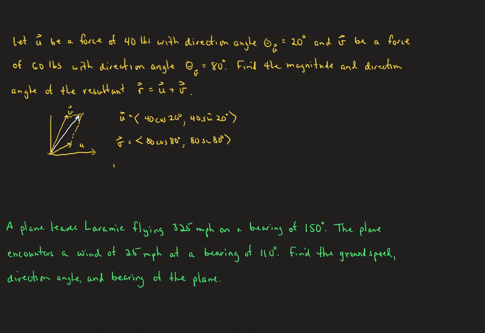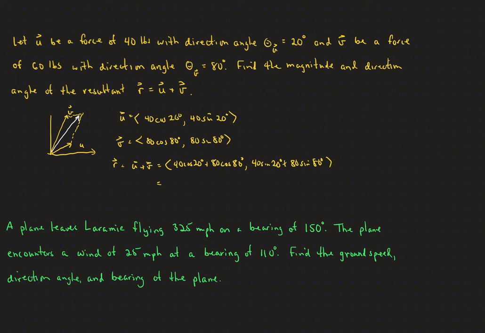So the resultant, what we get when we add those together, is going to look like 40 cosine of 20 plus 80 cosine of 80 will be the x component, and 40 sine 20 plus 80 sine 80 will be the vertical component.